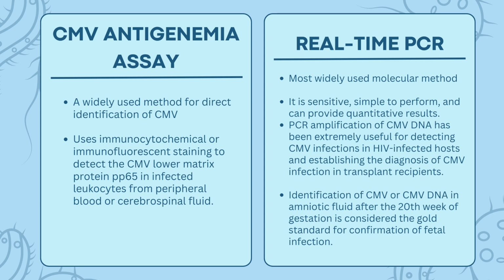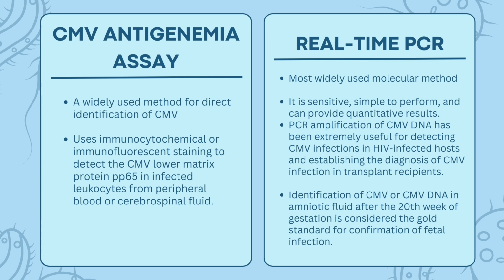Real-time PCR is the most widely used molecular method because it is sensitive, simple to perform, and can provide quantitative results. PCR amplification of CMV DNA has been extremely useful for detecting CMV infections in HIV-infected hosts and establishing the diagnosis of CMV infection in transplant recipients.